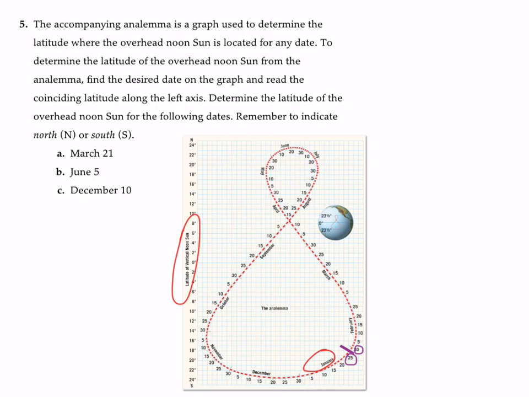The way you do that is you read who's going to get the vertical noontime sun. You have to go over here, and to me, it's 18 degrees south latitude. See how that works?